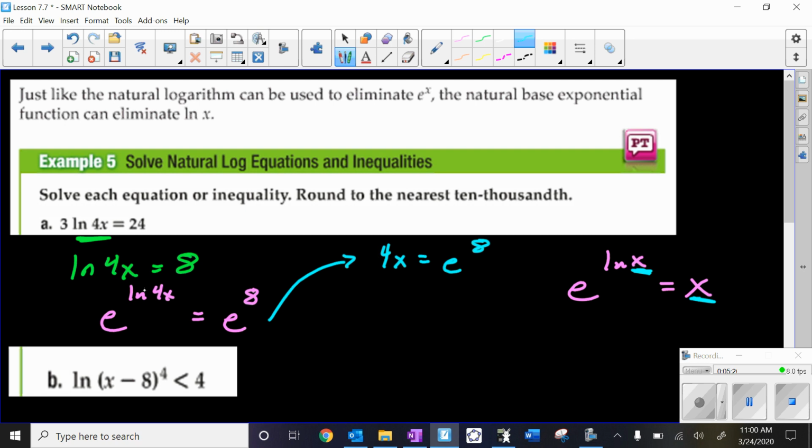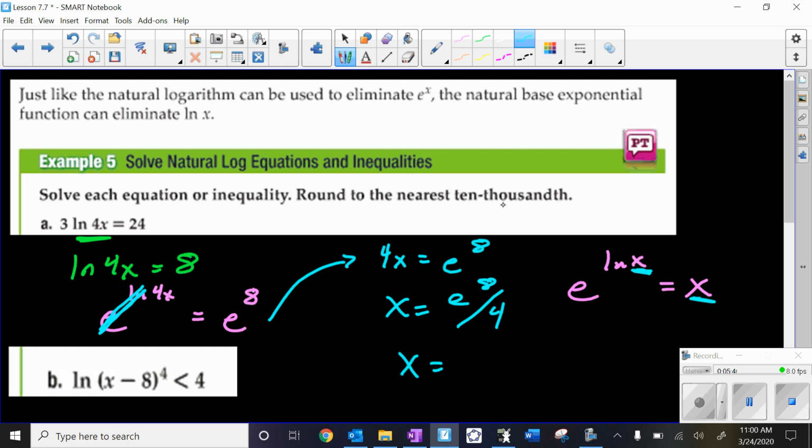The e and the natural log basically disappear, and I'm left with 4x on the left. And then you can keep solving. To get x by itself, you divide by 4. x equals e to the 8 over 4.